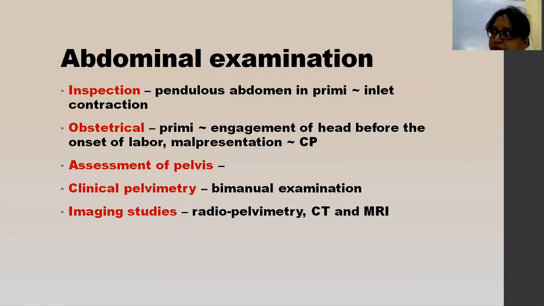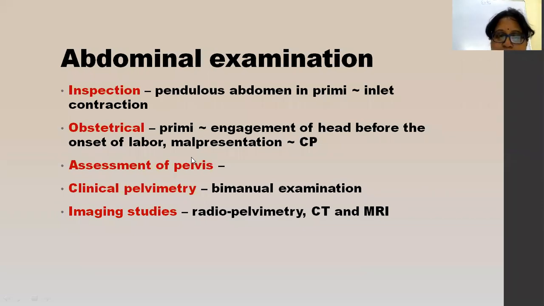And now, on abdominal examination, what are the things you have to note? On inspection, if the woman is a primigravida and she has a pendulous abdomen, then it is a clear-cut case of inlet contraction. In a primigravida, there is engagement of the head before the onset of labor.